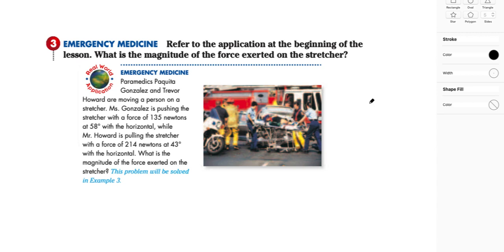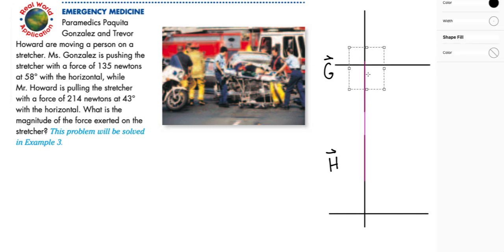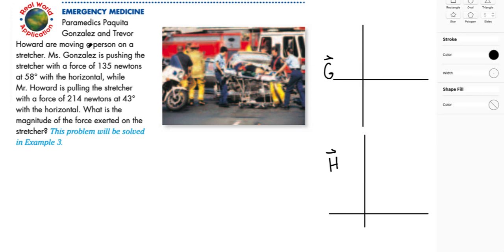So this sounds like addition of 2 vectors, okay? And these vectors are represented by these 2 individual situations. So let's draw it out so we can think it through. For simplicity's sake, I'm going to call one the G vector, which is Ms. Gonzalez, and we know that she is pushing this with a force of 135 newtons at 58 degrees from the horizontal.